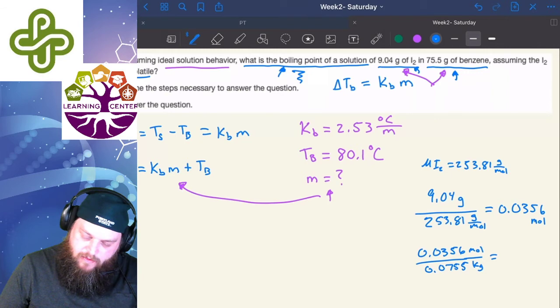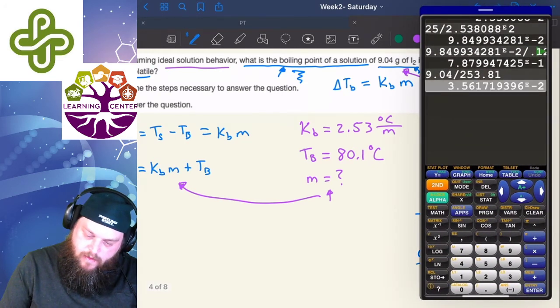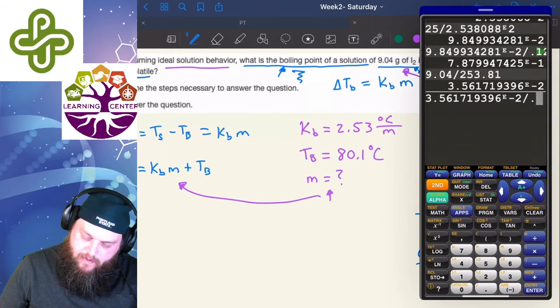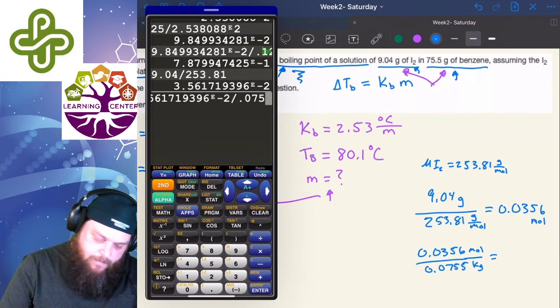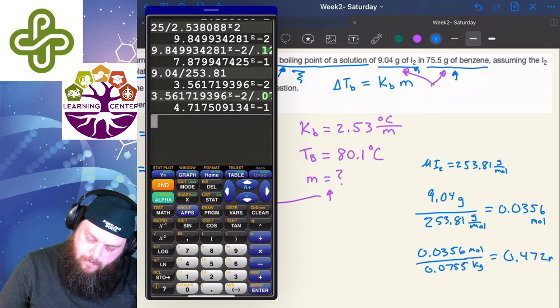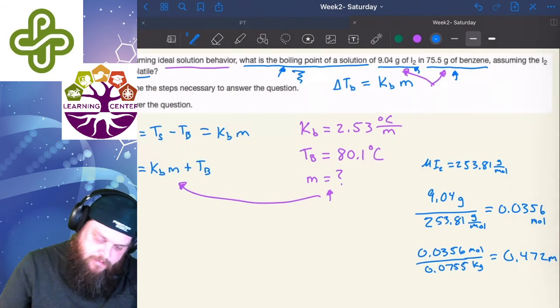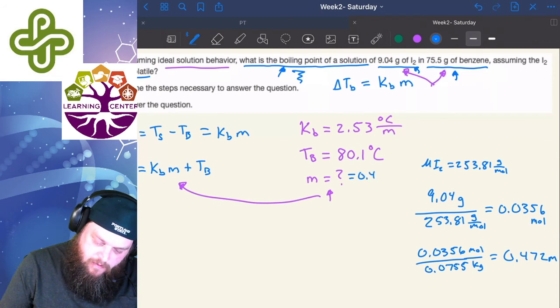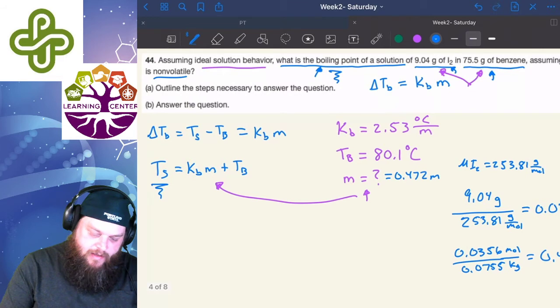That's going to be equal to this value divided by 0.0755, which is equal to 0.472 molal. So I can now plug this in here, 0.472 molal. Now that I have that, I can solve for this guy.